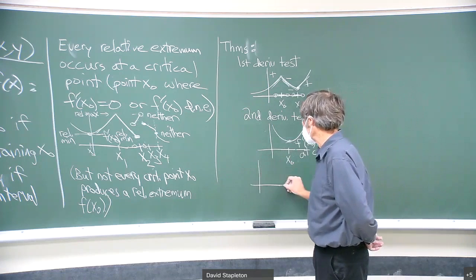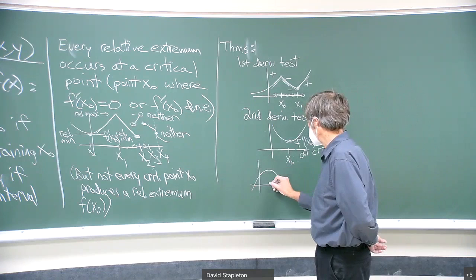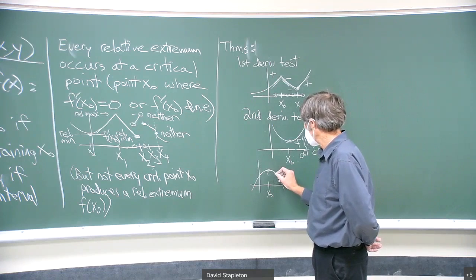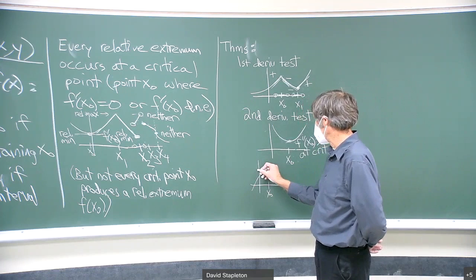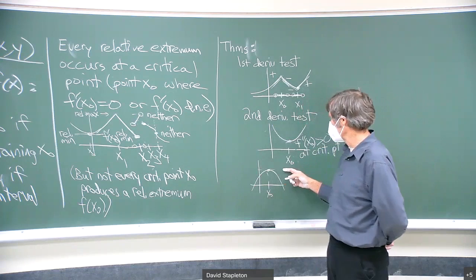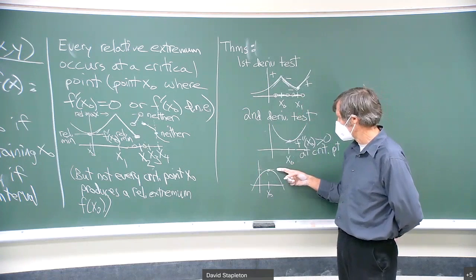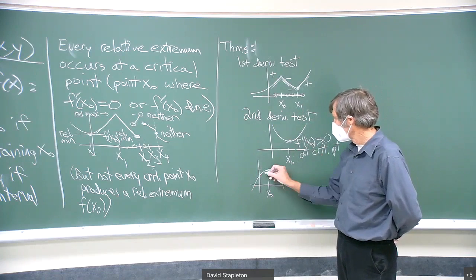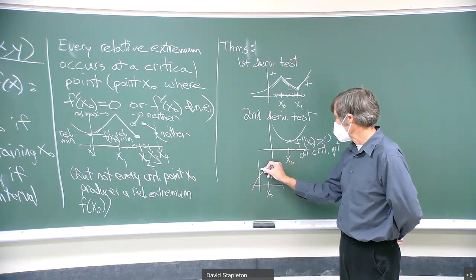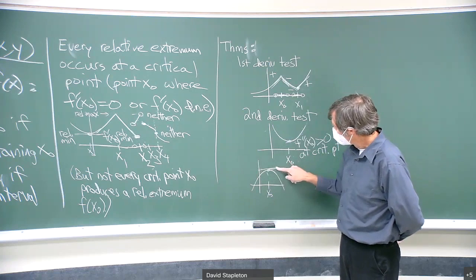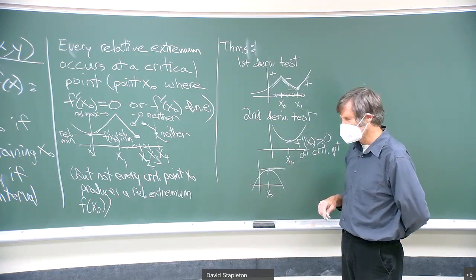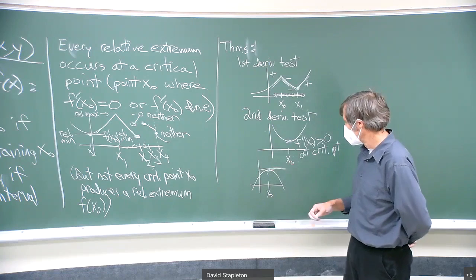Then we could have this kind of case where we had a point x naught that was a critical point. And these only apply to critical points where the first derivative is zero, because if the first derivative doesn't exist, then the second derivative doesn't exist. You can't apply this test. So for critical points where the first derivative is zero, sometimes we call those stationary points where the derivative is zero.